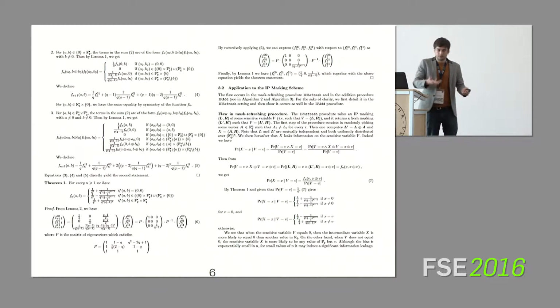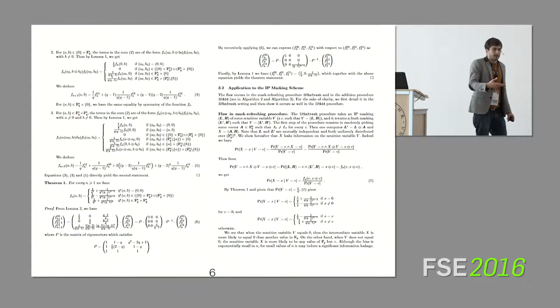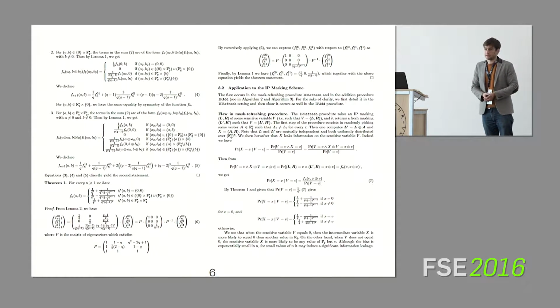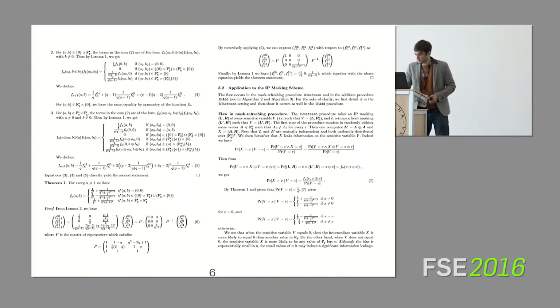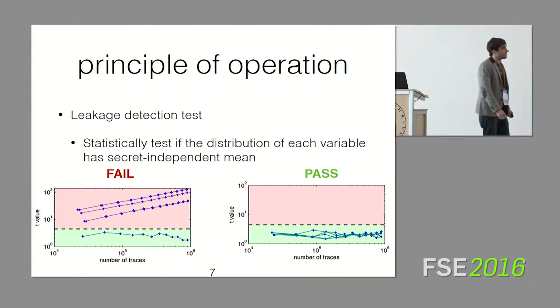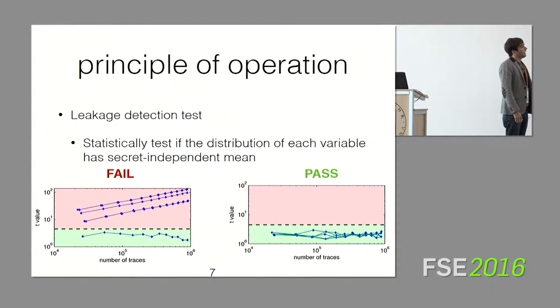And actually, the tool that I propose here is something that will tell you which variables are not distributed as they should be, so that later maybe you can write such a proof, or you can just move on and modify the algorithm so that you don't have those biases. The principle of operation is very easy. It's based on leakage detection tests.